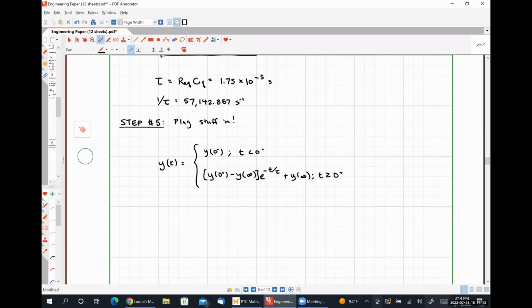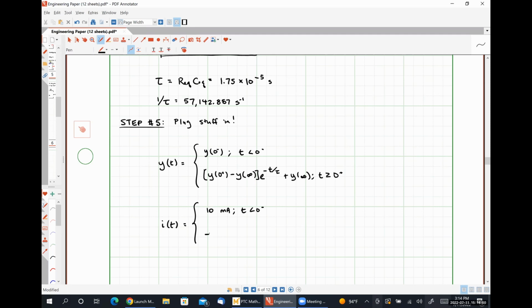So for the current that we're interested in finding, we will have I of t is equal to 10 milliamps, t less than 0 minus. Y at 0 plus was 1.429 milliamps minus y at infinity, where we found y at infinity to be 2.5 milliamps.